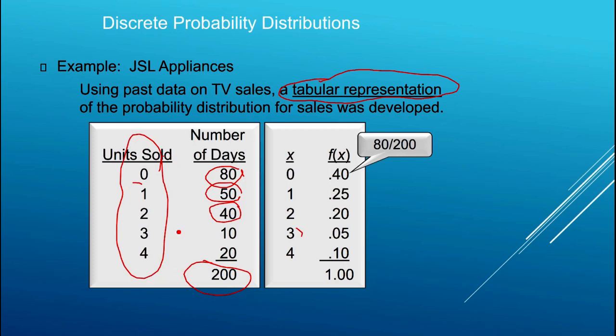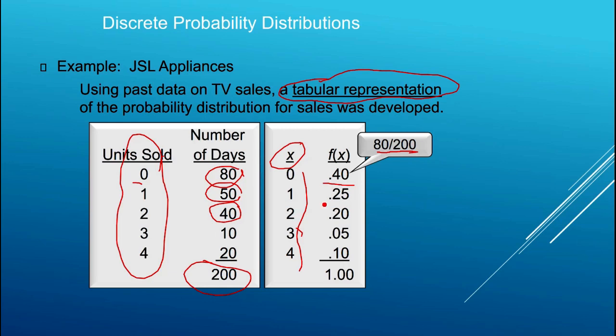So we take these numbers, which represent the values of our random variable x, and we just recreate them here, and then we calculate the relative frequency of each one of those values. For example, 80 divided by 200: 80 out of 200 days saw no television sales whatsoever. And so we assign that a probability of 0.4 or 40%.